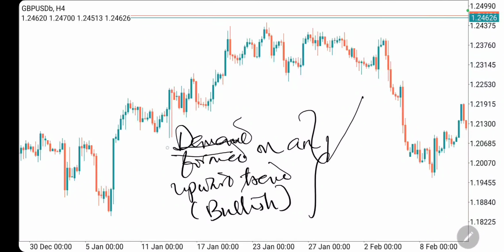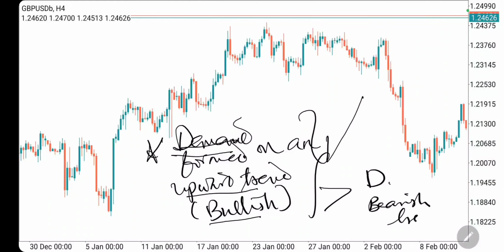Let me say that again: a demand zone formed on an upward trend or the bullish trend has a higher probability than a demand zone that is formed on a bearish trend.